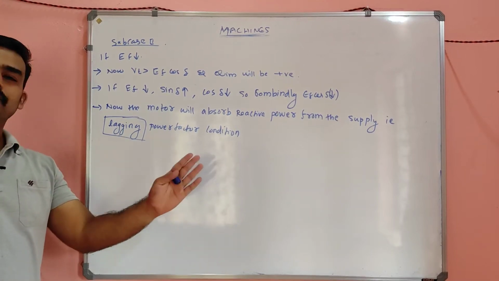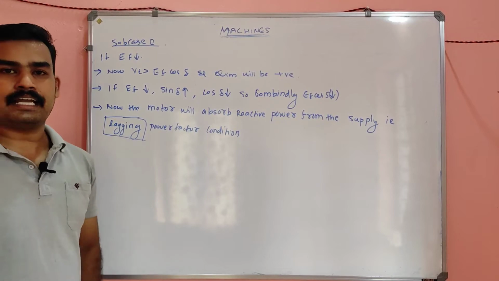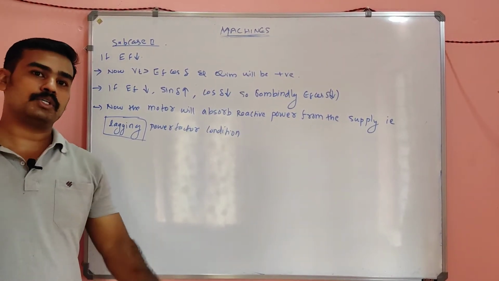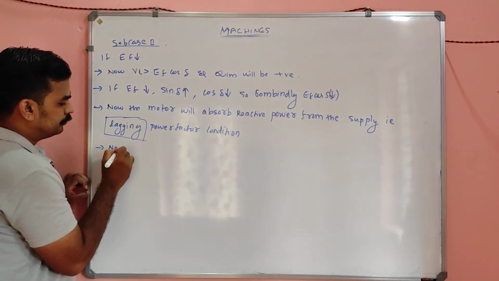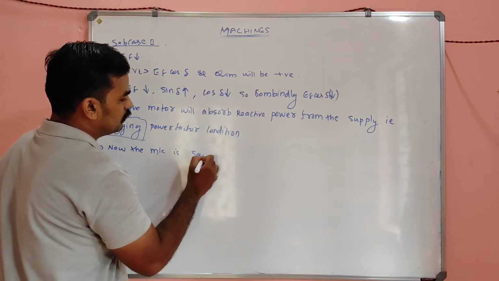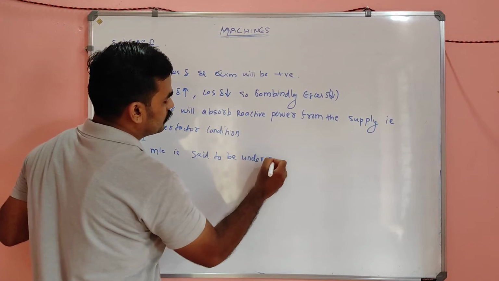From the initial condition of unity power factor, if you increase the excitation, the motor will go to the leading power factor condition or over excited condition. So now the machine is said to be in under excited condition.